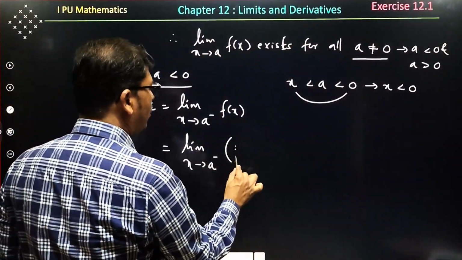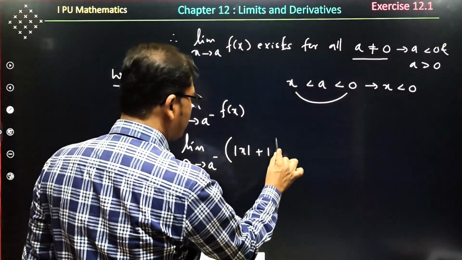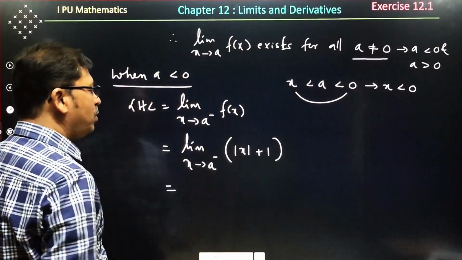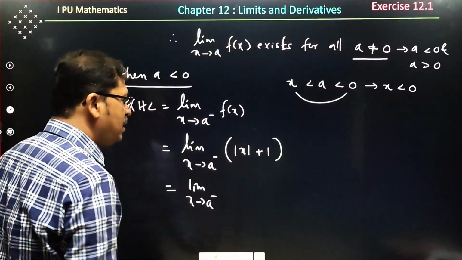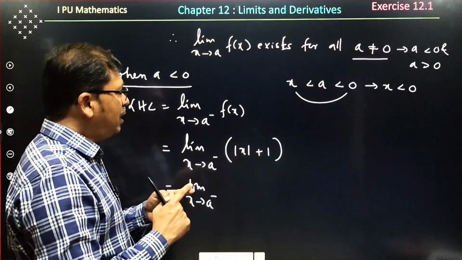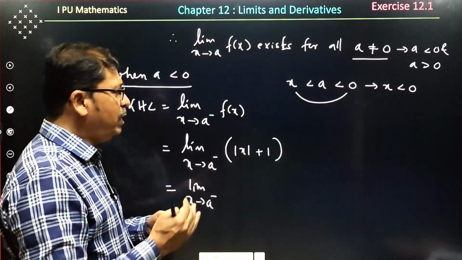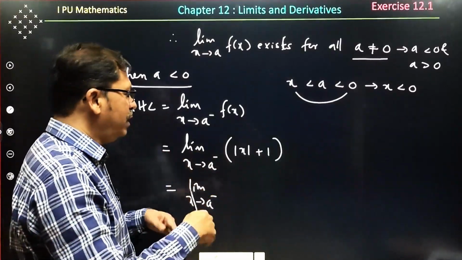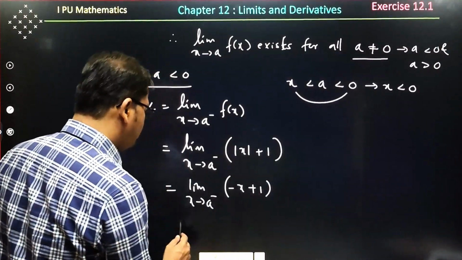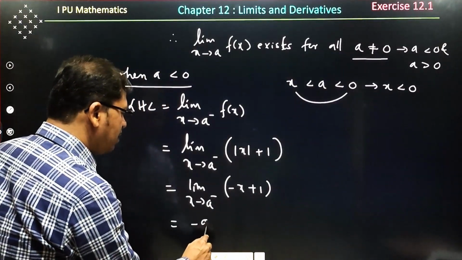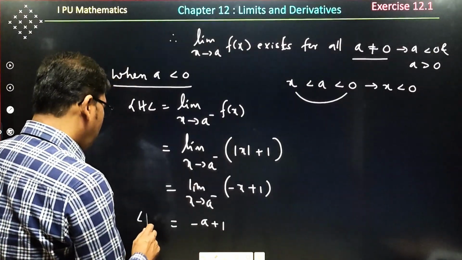This is equal to limit x tends to a minus, but that a is taken left side of 0. When it is less than 0, mod x value is minus x itself. So plus 1, substitute the value here. So this is minus a plus 1, the value of the left hand limit here.